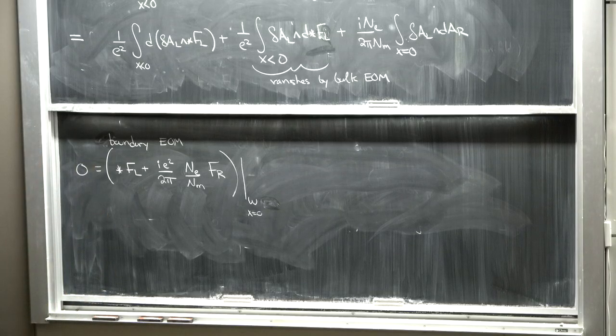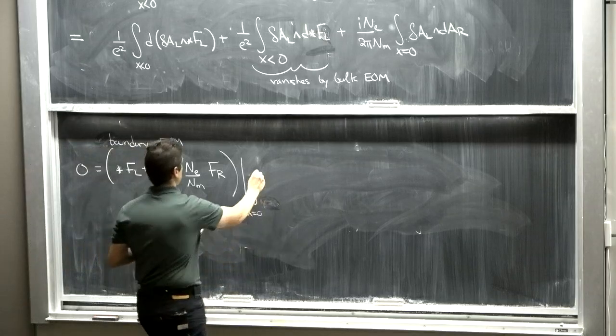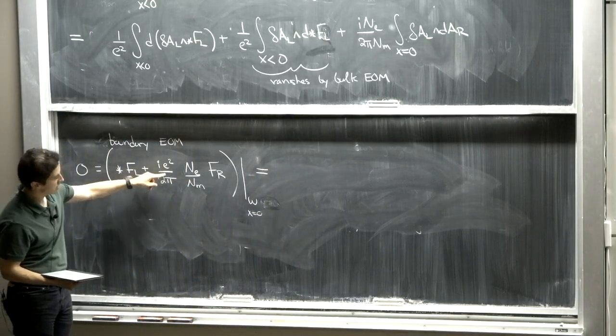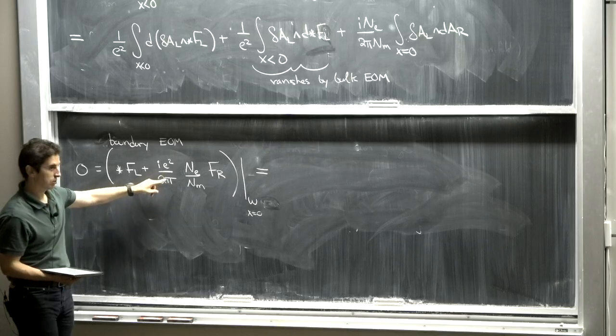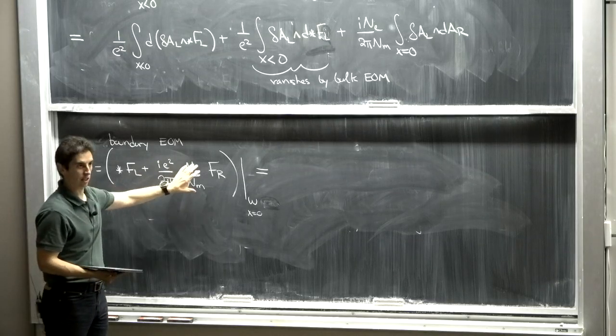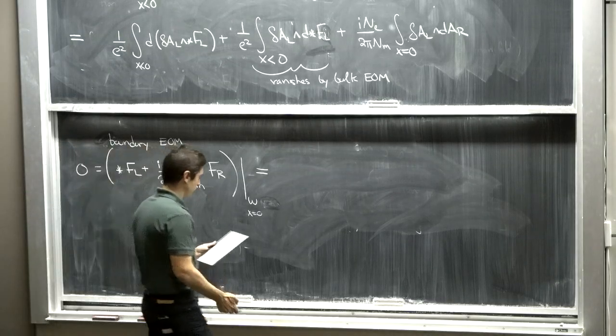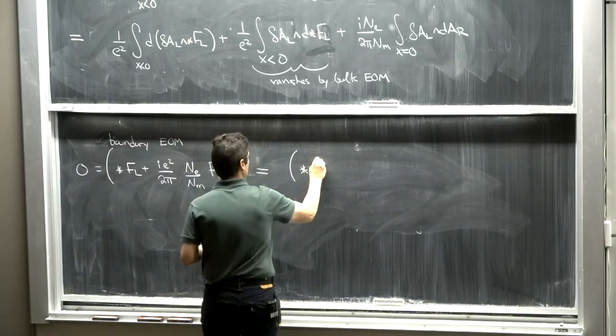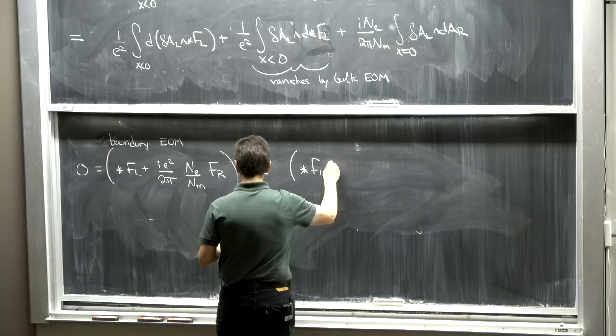That's the boundary term in the equation of motion. And now you start to see a little bit of magic. If e has this particular value, these terms are canceling against each other. So actually, this is just a very simple continuity equation.